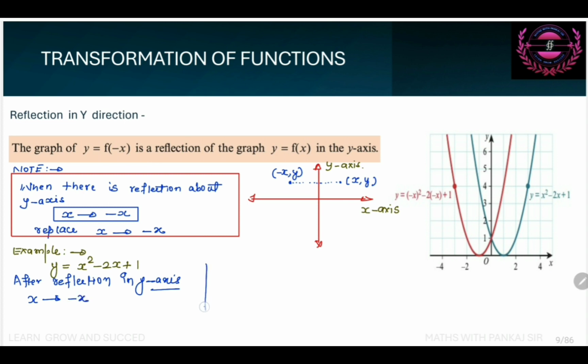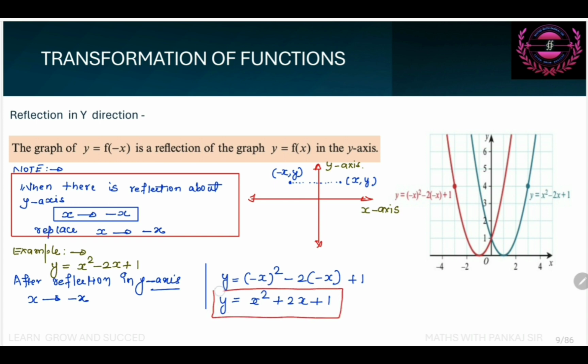So I will directly write y equals minus x whole square minus 2 of minus x plus 1, which is x square plus 2x plus 1. So this is my graph after reflection in y direction.